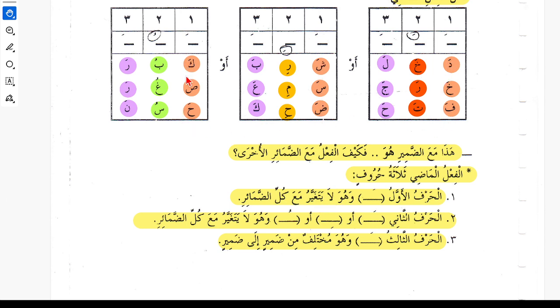Just make a note, this will not change. Al harfu saniyu, the second letter, which is in red, in this case is with the fatha sign, with the kasra sign, and with the dhamma sign. So this is what is mentioned, harfu sani, which can have fatha, can have kasra, or can have dhamma.